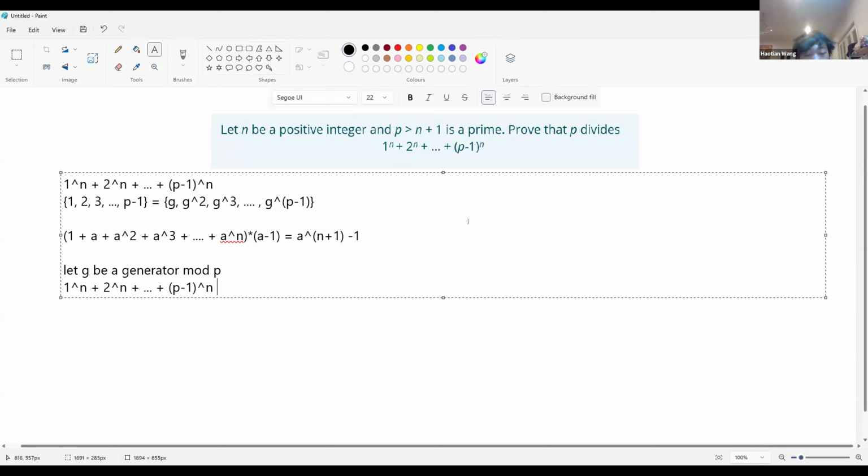The expression in the problem is congruent to G to the N plus G squared to the N plus G cubed to the N plus all the way up to G to the P minus 1 to the N. Actually, to make it a bit easier to type up, let's replace G to the P minus 1 with 1.